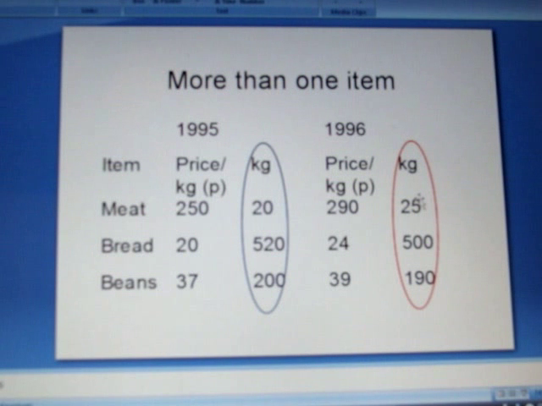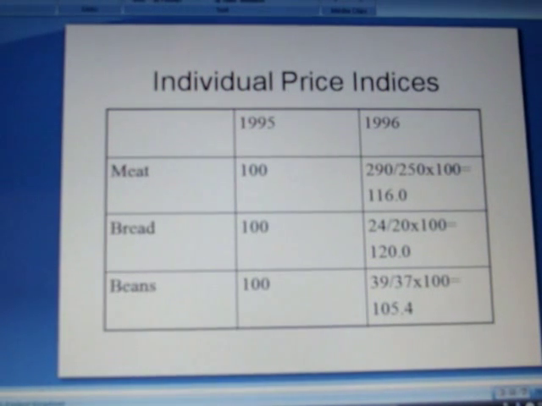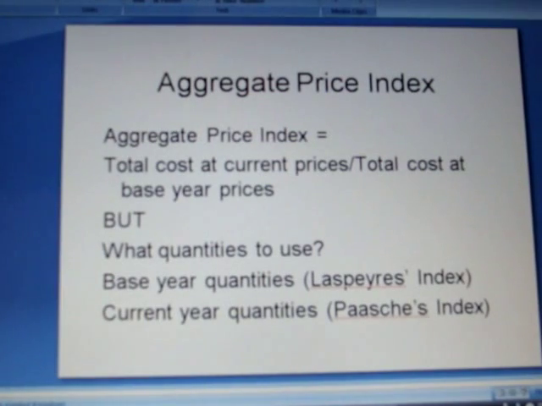So weighted aggregate index means total price for the total quantities purchased. Or since price multiplied by quantity equals the cost of the item, the aggregate weighted index will be total cost at current prices divided by total cost at base year prices.